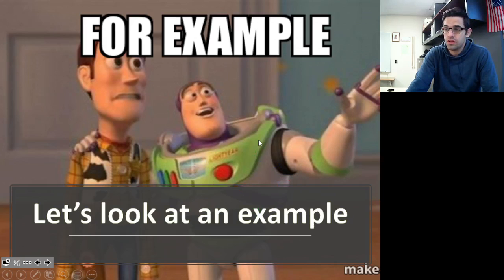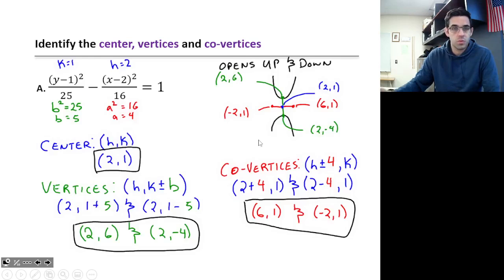Okay, so if we want to do some examples, here's one. We have (y minus 1) squared over 25 minus (x minus 2) squared over 16 equals 1. Well, we have a y squared minus an x squared, so this is definitely going to be a hyperbola. Since it's y squared minus x squared, it's going to be opening up and down.